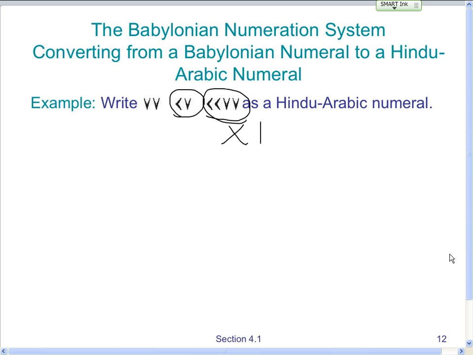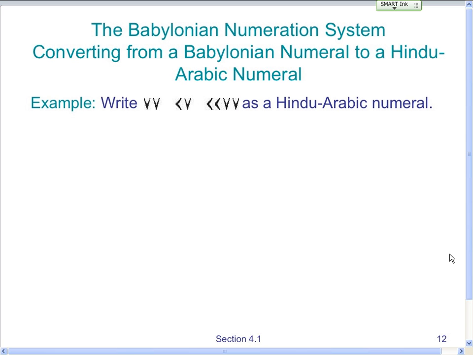We have this place, which is in the 60s place. Remember, this is powers of 60. So whatever this quantity is, we would multiply by 60. And we have this, which is in the 60 squared place. So we're going to multiply this by 60 squared.